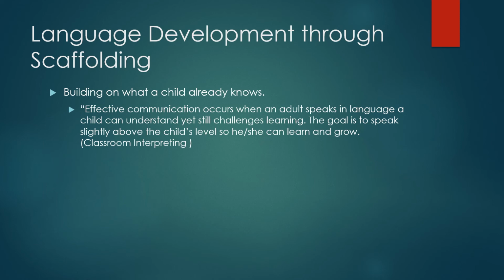From there, once you establish that it's a train, you can ask, "What does a train do?" For example, a train carries people. That's one thing that a train can do. "Does anybody have any other ideas what a train can do?" So just building from what they know to challenge them to think a little bit harder.